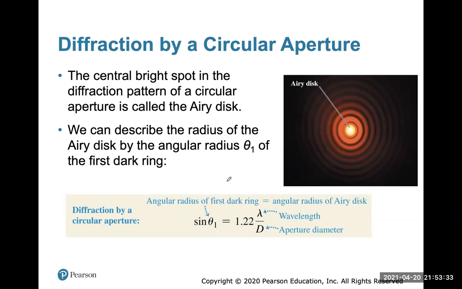If two objects are close enough together such that the angle is small in a visible wavelength for a given diameter, we can't actually tell the difference because of the diffraction associated with the circular aperture of our eye.